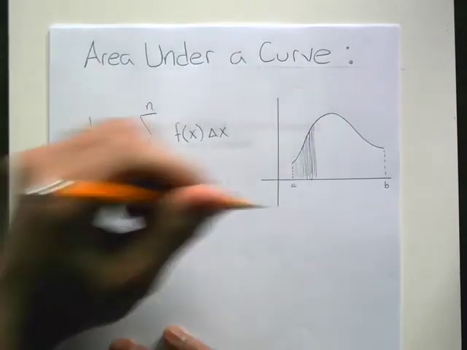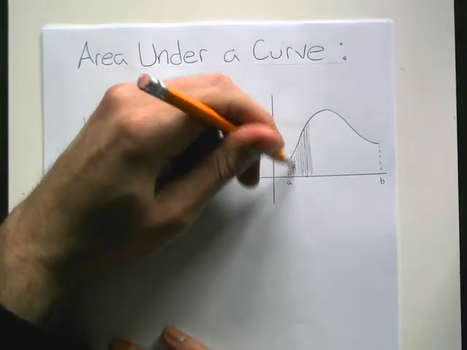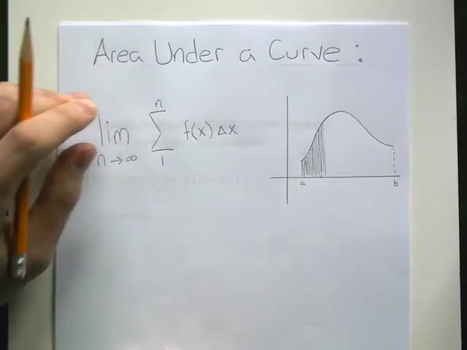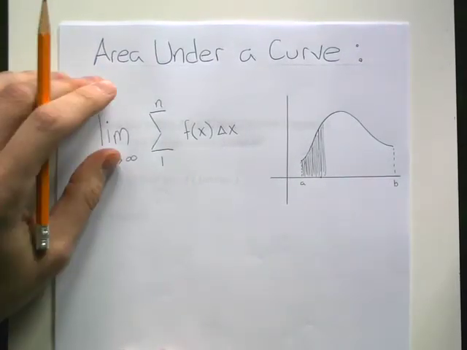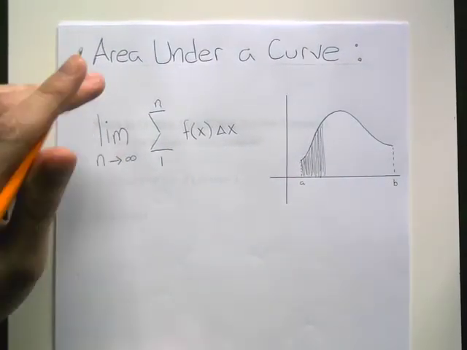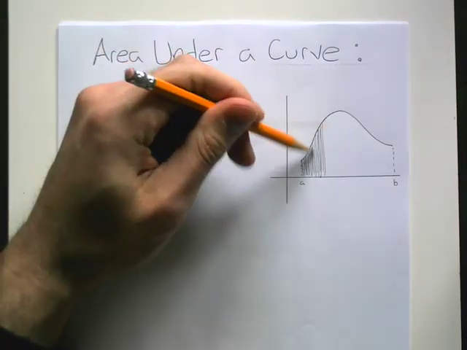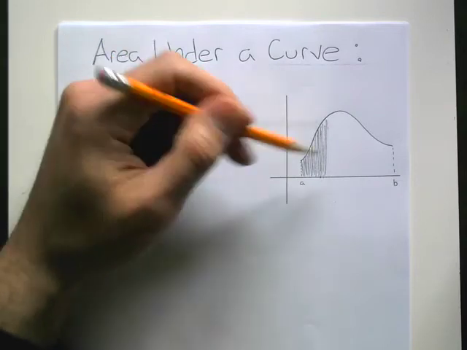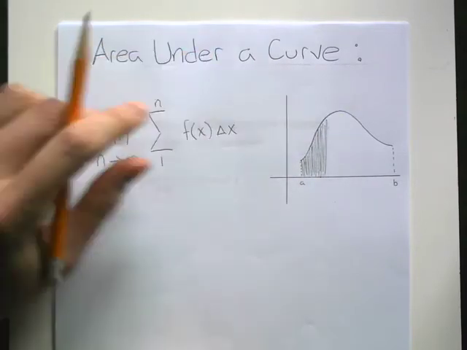I know that's hard for the mind to imagine because infinity is not a number, it just goes on forever. But mathematically, to get an exact answer for area under the curve, you need an infinite number of rectangles under this curve that you can take the area of.